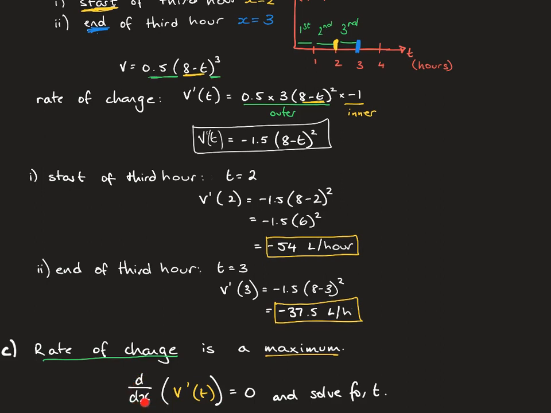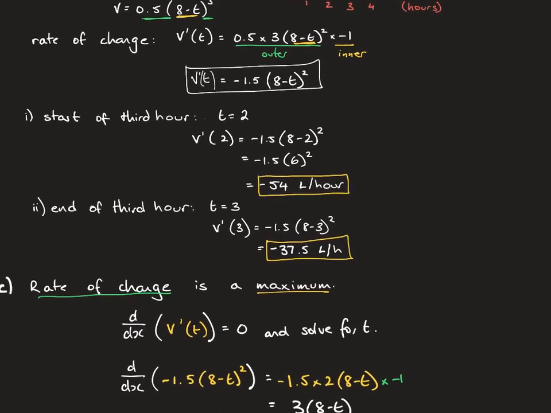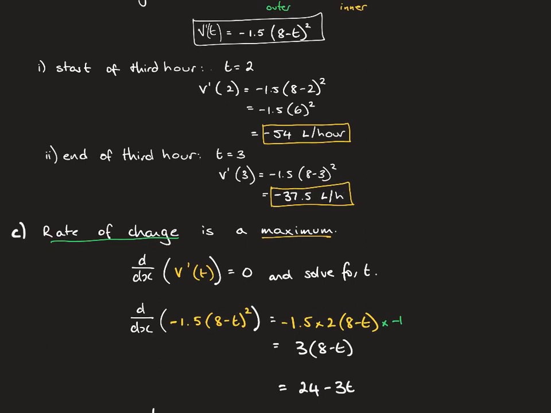And so the first thing we need to do is to find the derivative of our rate of change formula. We just treat our rate of change formula as if it were a normal function itself. So again, we've got an outer function and an inner function, so we've got a chain rule here. We find the derivative of the outer function with the inner function still as a whole.